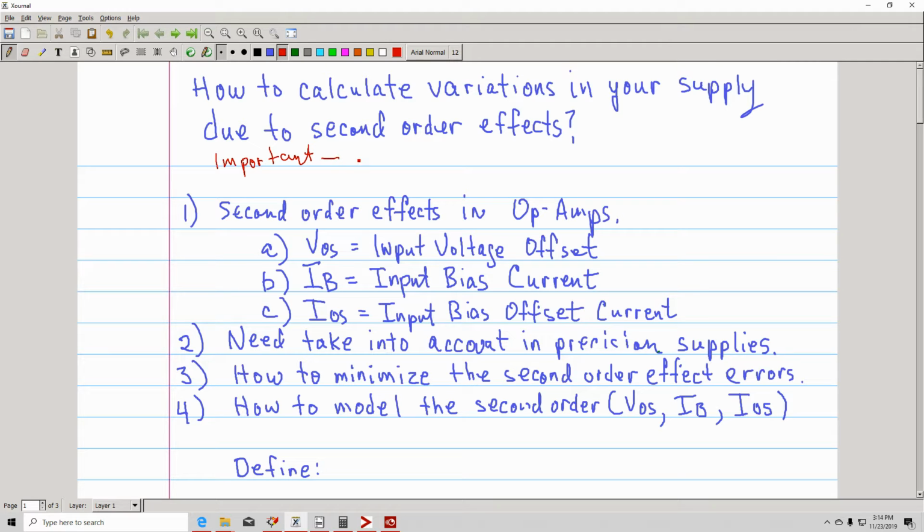If you need a precision supply, let's say that the power supply you're designing is supplying some kind of instrument, a precision instrument.